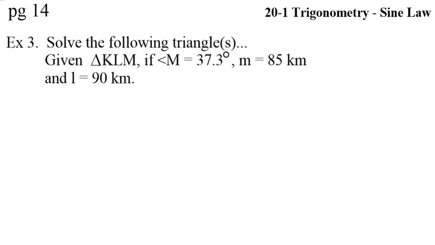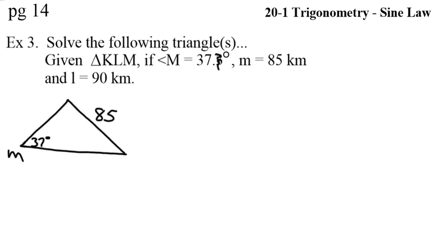Very quickly, let's take a look at example 3. So, last one here. KLM. I will give you a hint that a lot of times I like to, and I'm just going to go 37 degrees again. I'm going to cheat a little bit. There's M. So I'm going to put side M is 85.